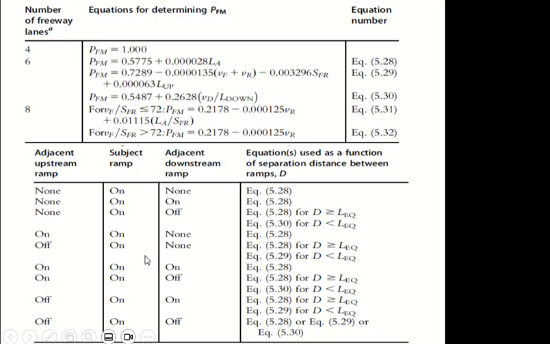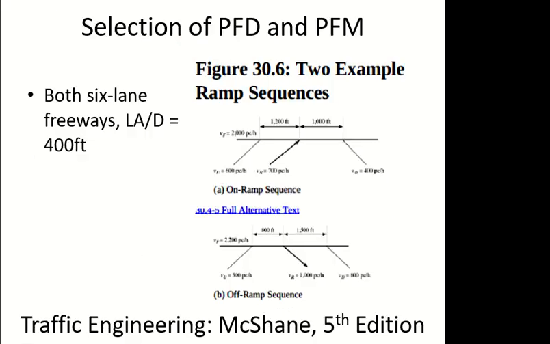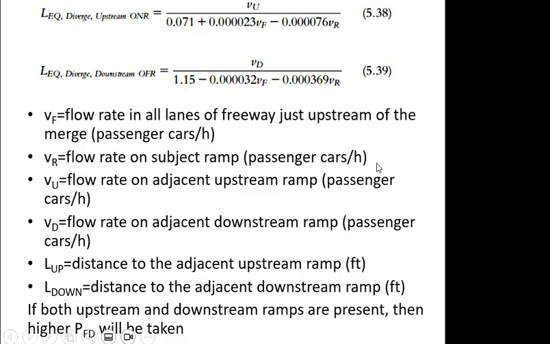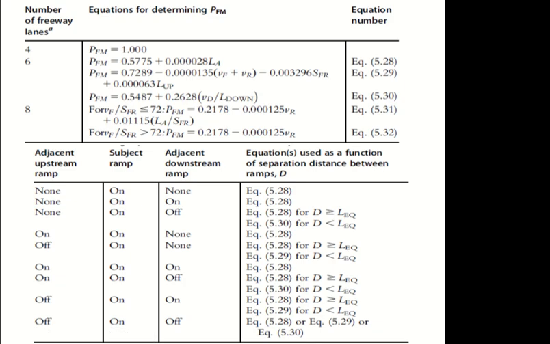Okay, so if I go back to the question, the upstream means before. The before ramp is on, going in, and the downstream means after, so that is off, going out. So on and off. So on and on, not this one, and on and off.